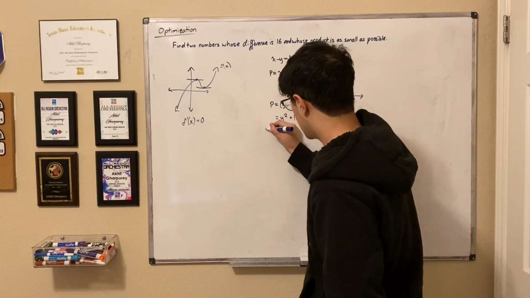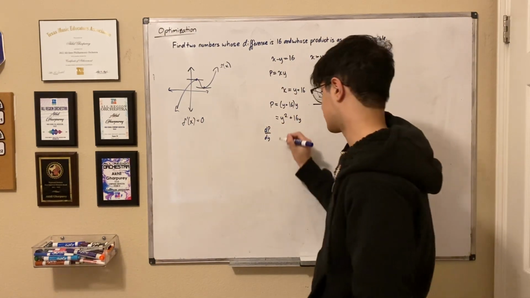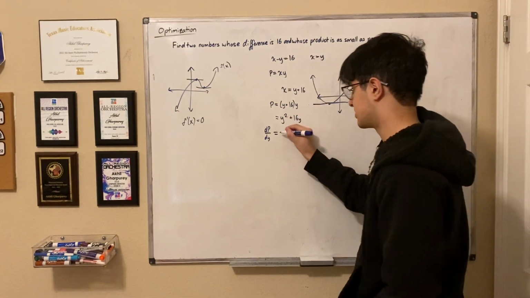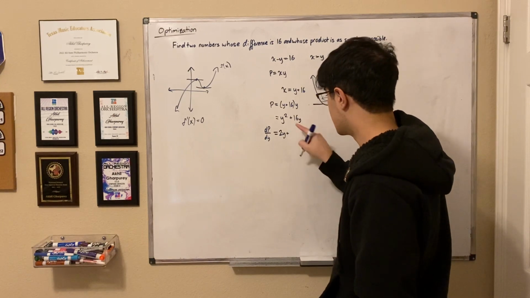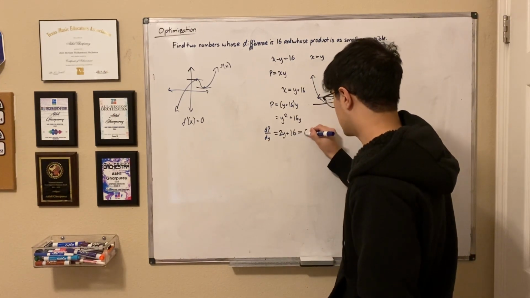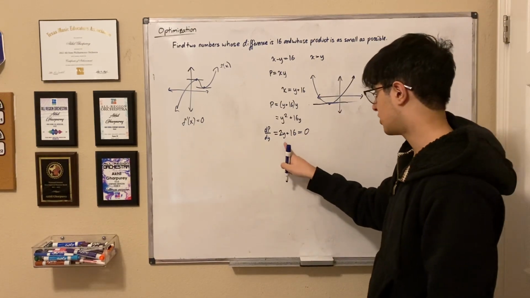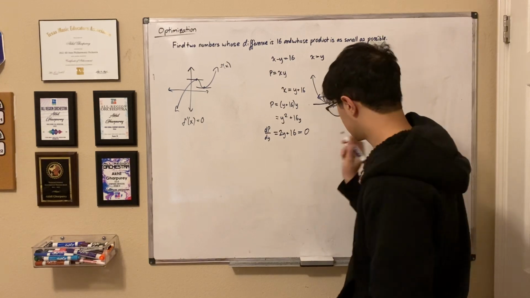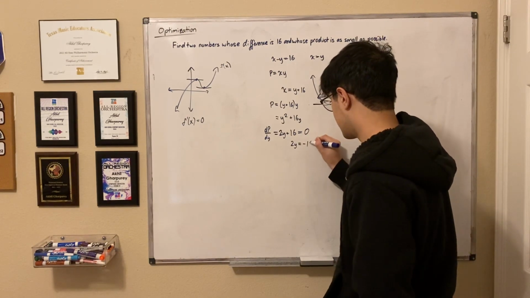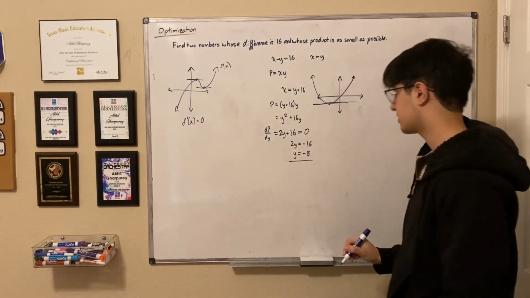We get that dp over dy, or you could just say p prime, that works too, is equal to 2y plus the derivative of 16y, which is just 16, and this has to equal 0. Now all we have to do is solve for y in this equation. So we get 2y is equal to negative 16, divide both sides by 2, and we get that y is negative 8.